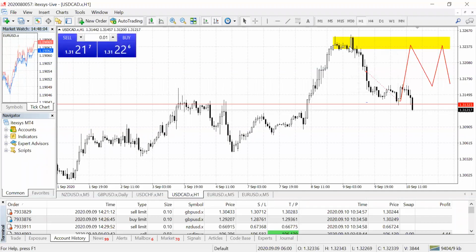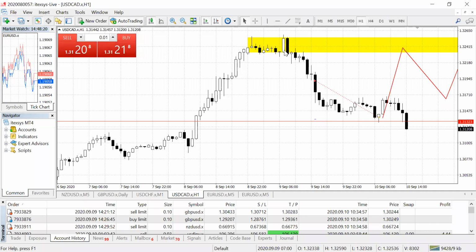The demand area is valid only once, and same levels that are tested many times become support or resistance. Also, inside a larger supply area there might be some resistance points, correct?